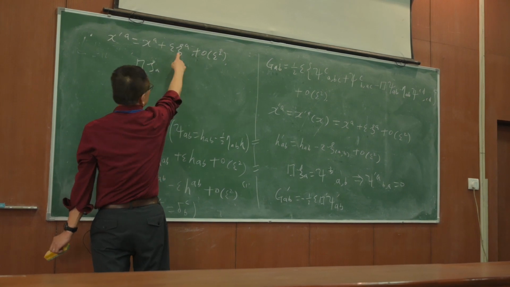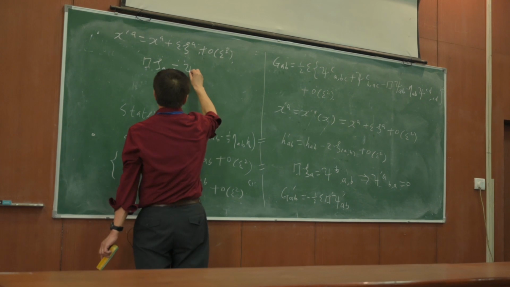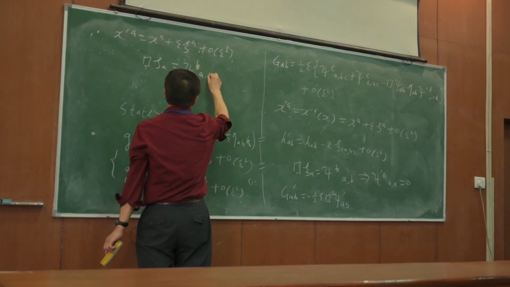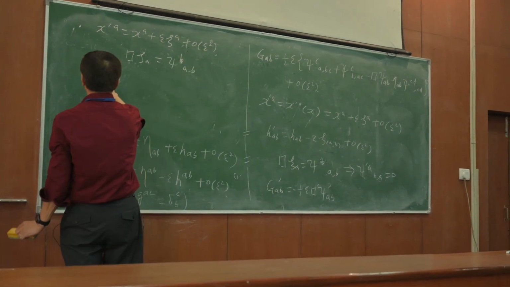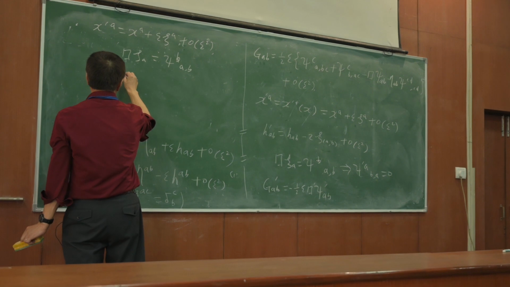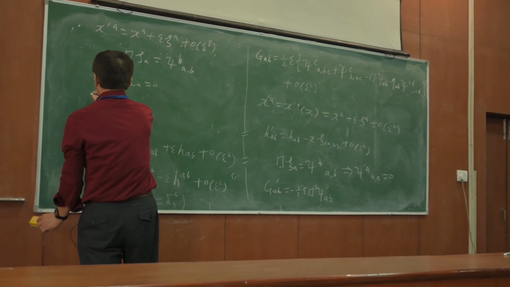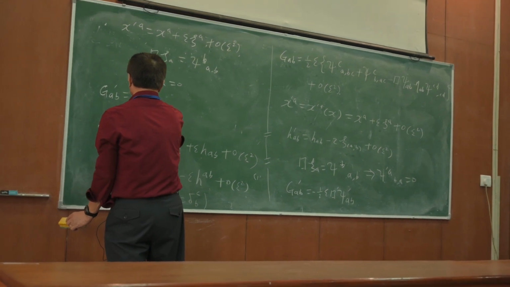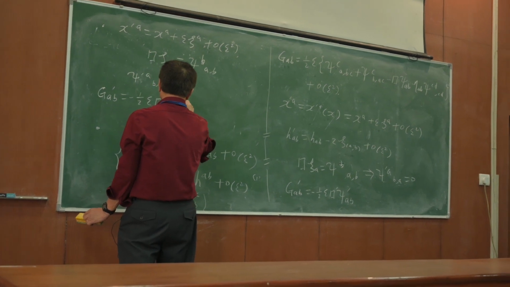This guy cannot be arbitrary now, because the arbitrary function can always fix the gauge. So if I do this, actually I get phi'^A_B equals 0. Then my g'_AB equals minus 1/2 epsilon psi'.